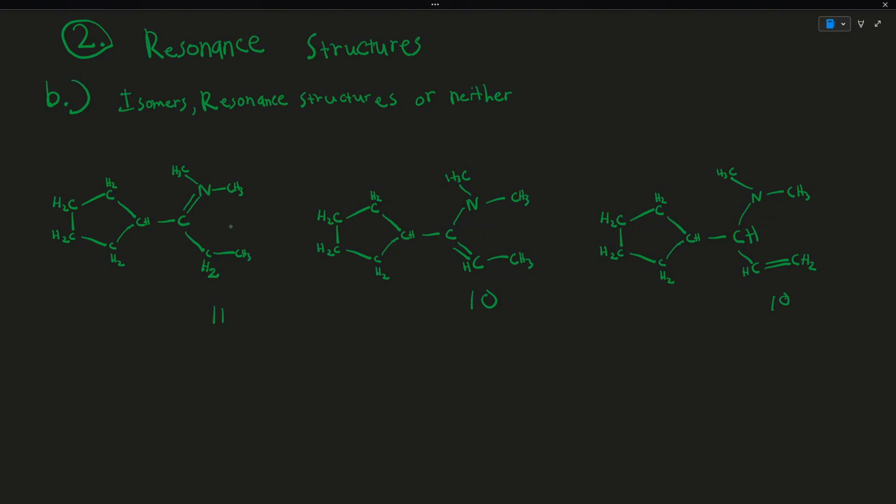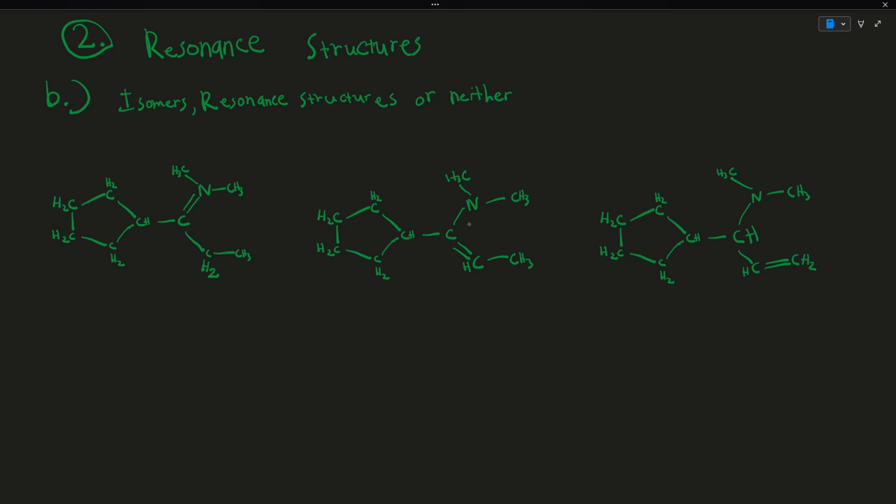So right off the bat, we can say that the relationship between this compound all the way on the left and these two is that they are not the same. They're neither isomers nor resonance structures. Now we can just focus on these two, because we know that they have the same chemical formula. Right off the bat, we can see that the arrangement is different, so that eliminates the possibility of them being resonance structures.